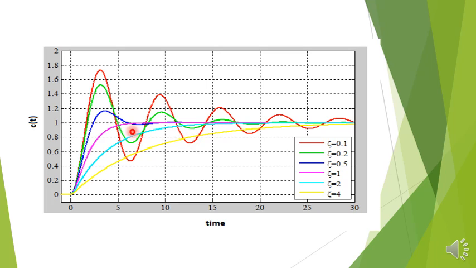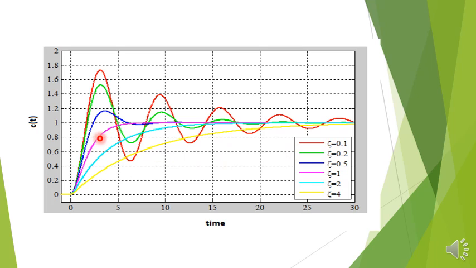But if you see, as zeta increases, the damping factor vanishes the sinusoidal oscillation very early. So within 10 seconds the sinusoidal oscillation becomes 0 and it becomes a constant. When zeta is equal to 0.1, nearly 0, it takes a larger time to vanish the oscillation.